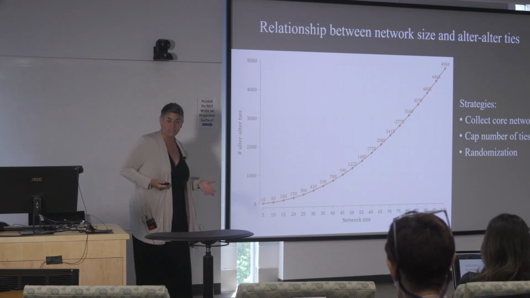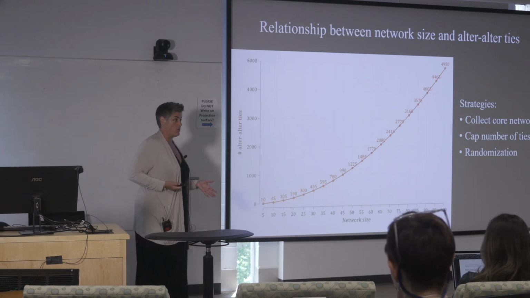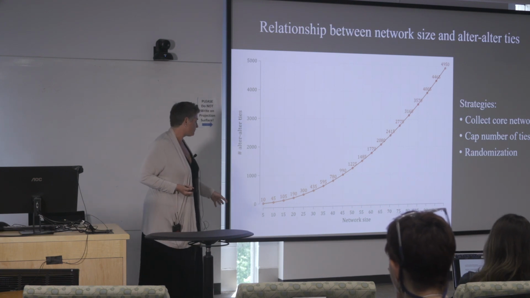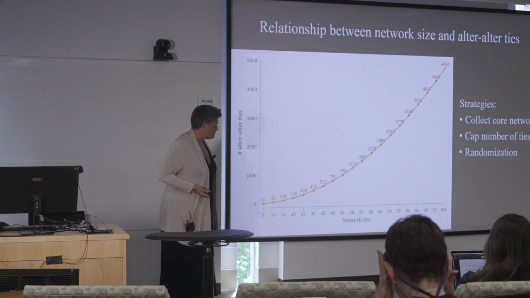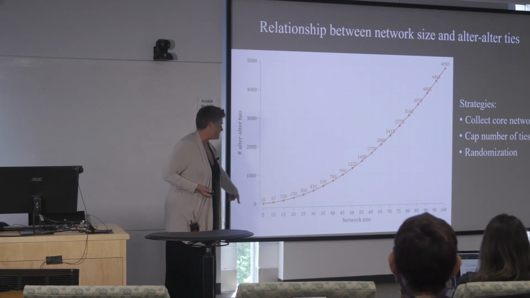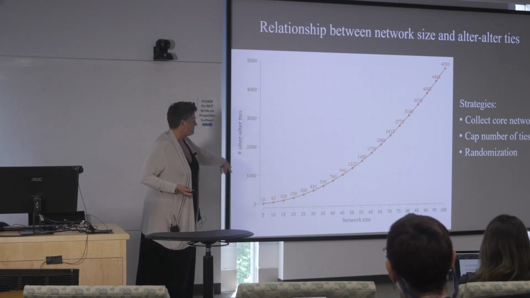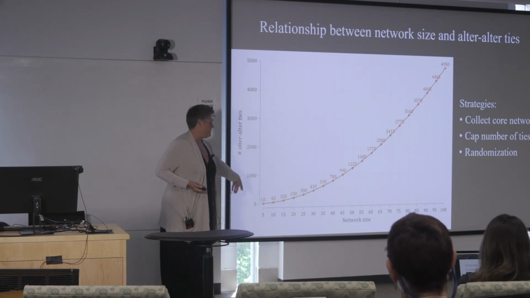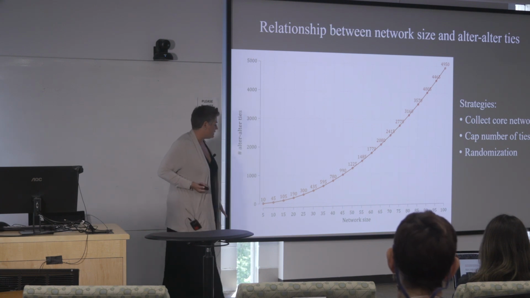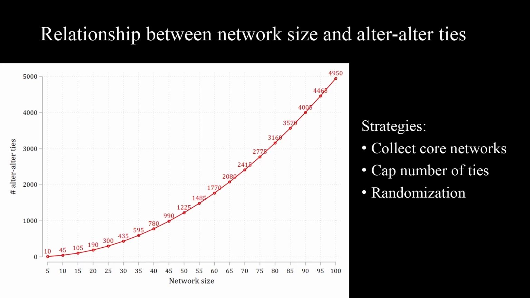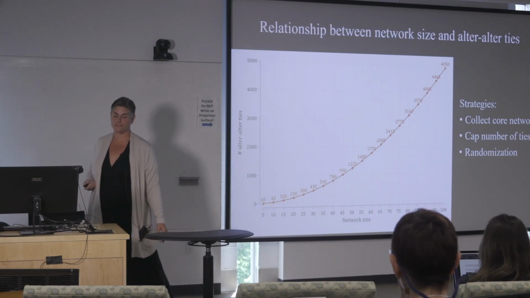There's not a really great way to collect them without someone wanting to stab themselves in the eye. This is the relationship between the size of the networks you're collecting and the number of alter ties you have to ask about. It's huge. If you're getting an average network size of 20, people are answering an average of 190 questions about alter ties. So it's not great.